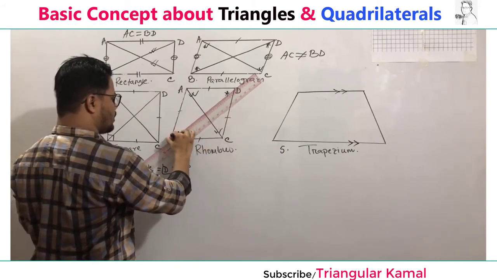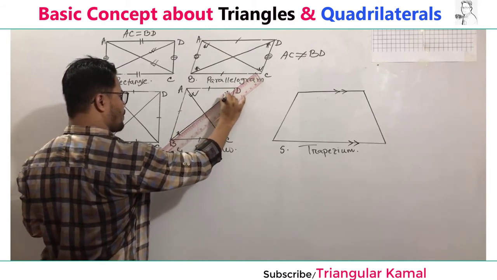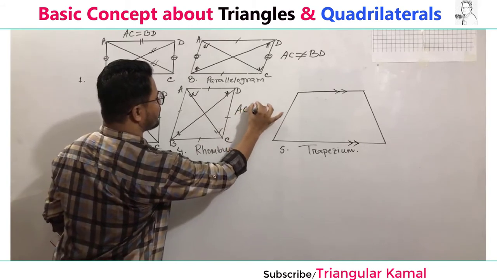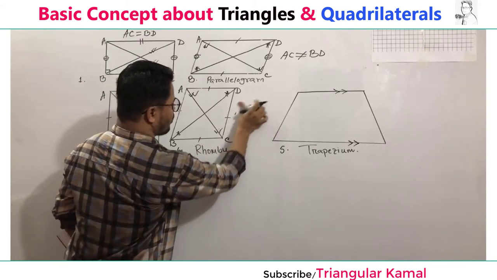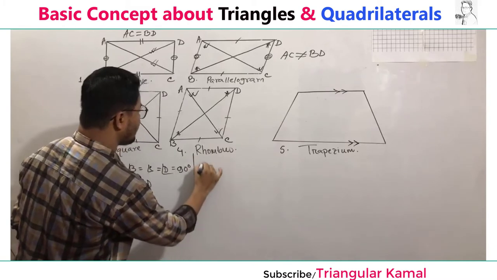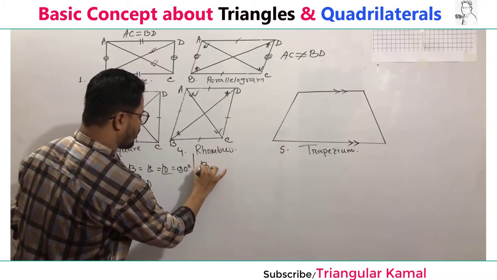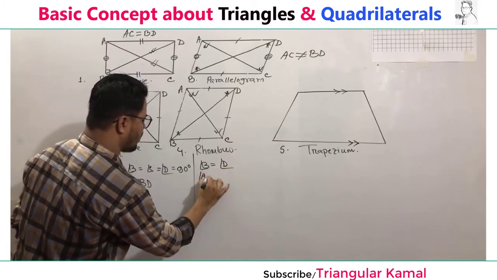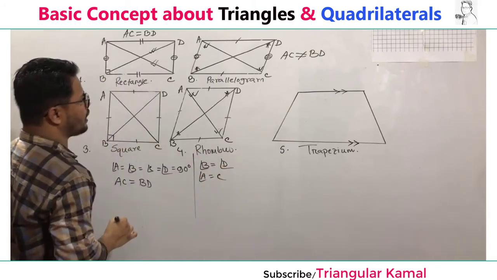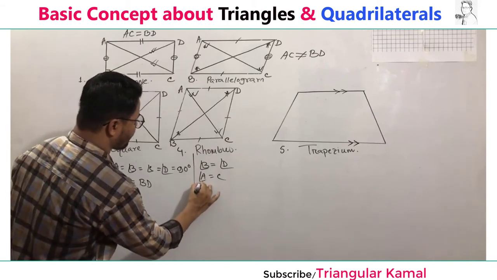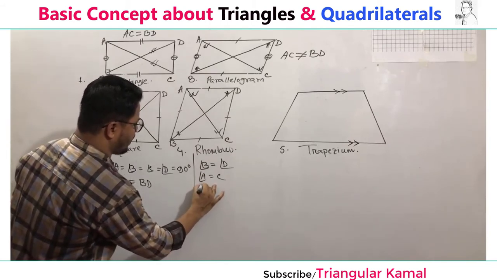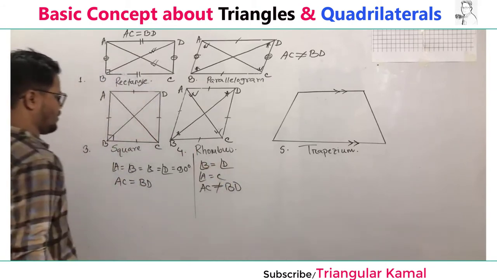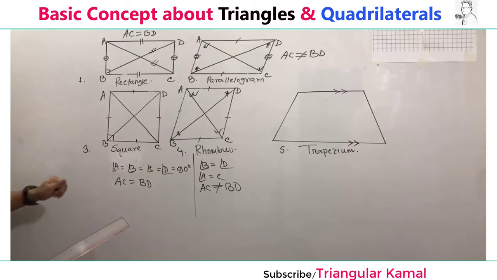We can write angle B equals angle D and angle A equals angle C, not all angles. And here AC is not equal to BD. So this is the difference between them.